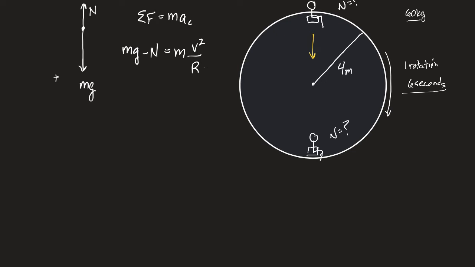Well, we need something for v. And you may or may not know how to handle this. We talked briefly about it yesterday, not in any great depth. But I also know that you guys are not naive. You know that making one rotation means that you're traveling one circumference. Right?